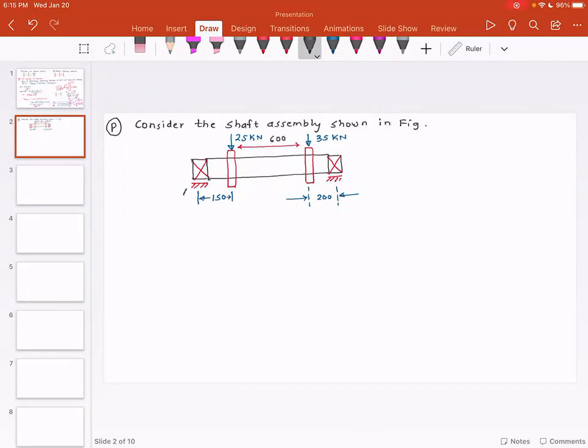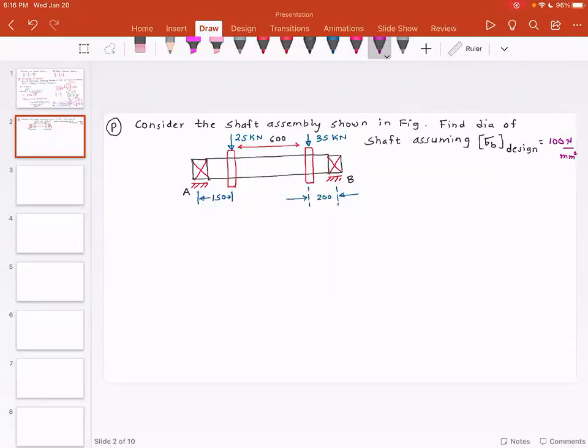So I'm going to call this support A, and this support B. And they are asking, find the diameter of the shaft, assuming sigma bending design is equal to 100 Newton per millimeter square.